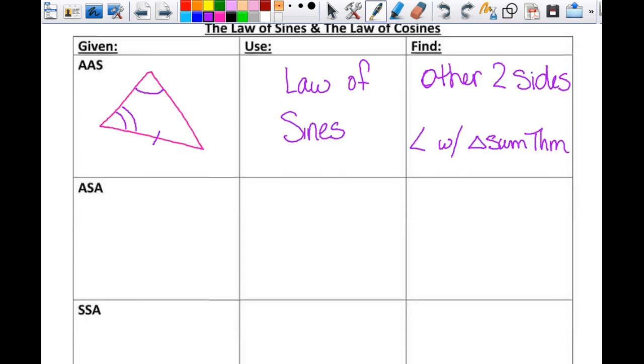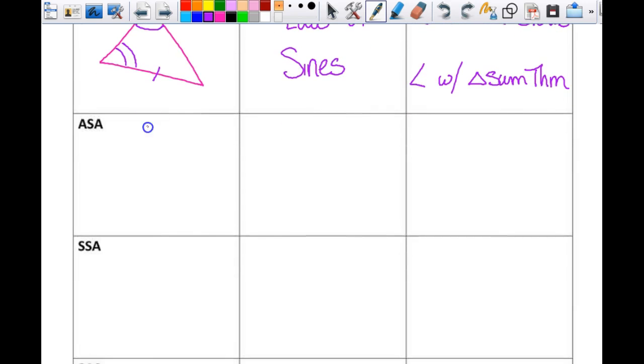Alrighty, so then if we have angle side angle, that means we have two angles, and this time it's the included side. If I have angle side angle, what are we using for that? Law of sines. That one's still law of sines. Anytime two angles are given to you, that's law of sines.